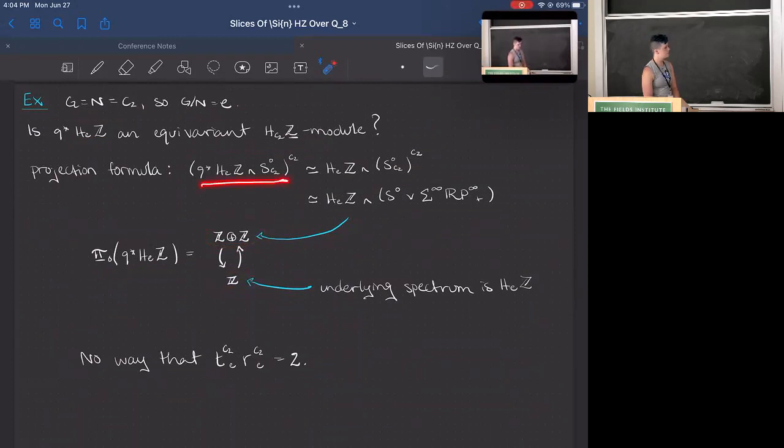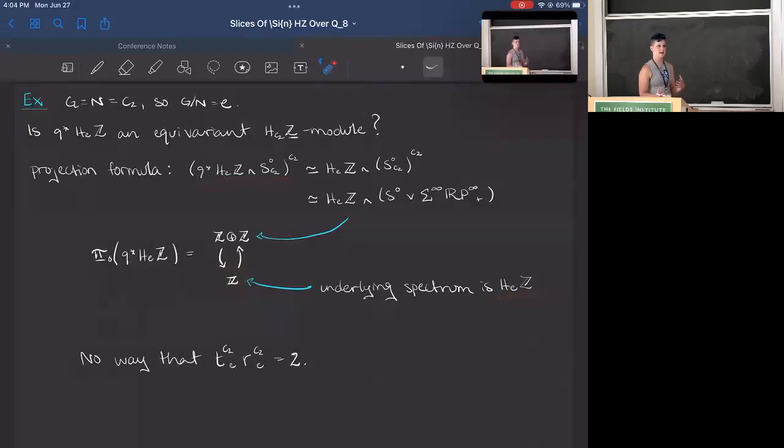If we take the C2 fixed points of smashing with the sphere, then we get HEZ smashed with the C2 fixed points of the sphere. But the C2 fixed points of the sphere is S0 wedge the suspension spectrum of RP infinity. That's where we're getting the Z plus Z from. And then the Z is because our underlying spectrum is HEZ.